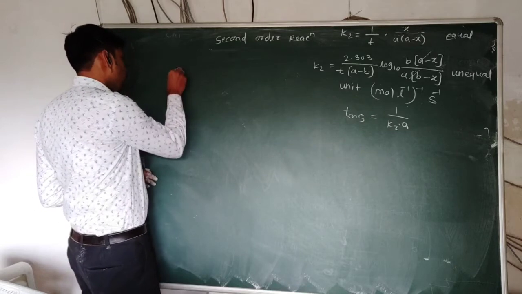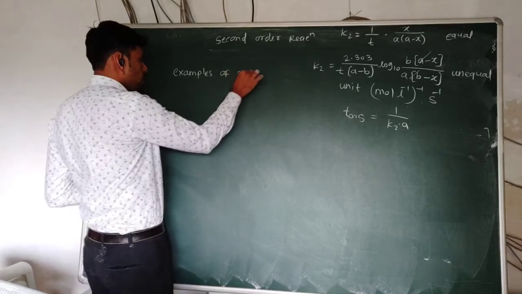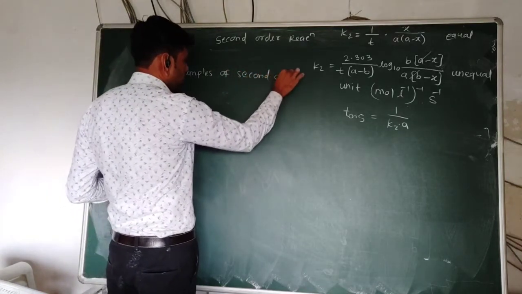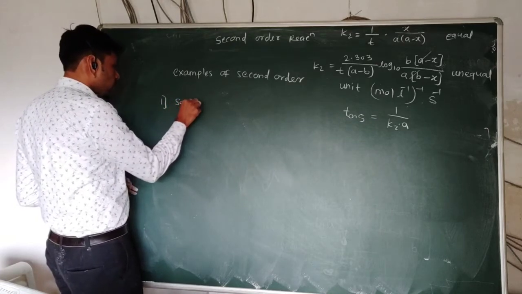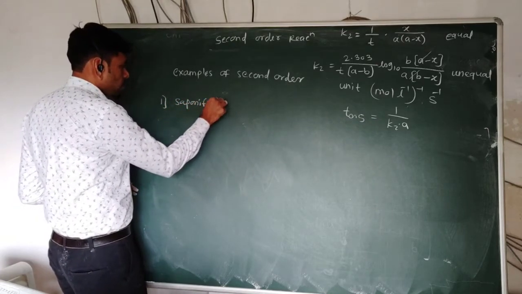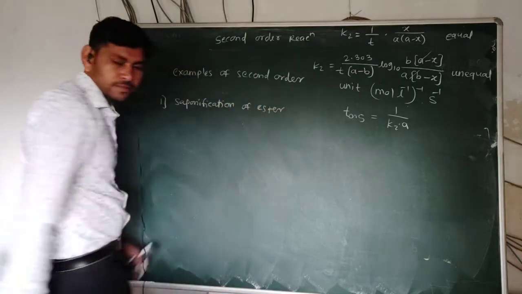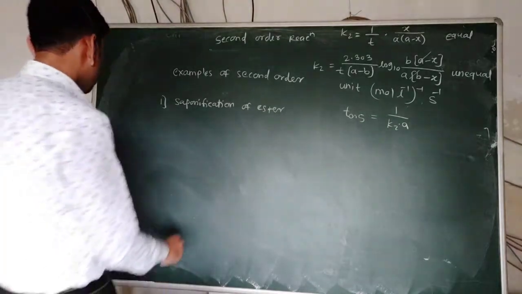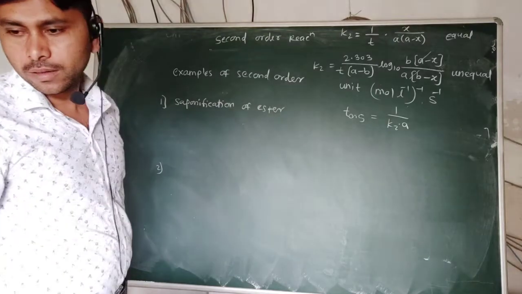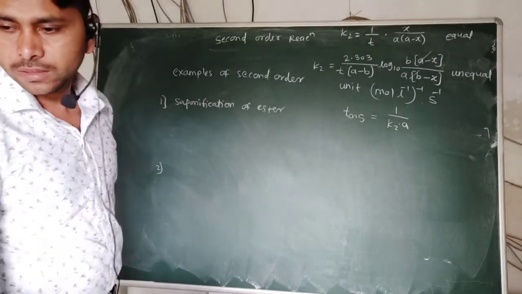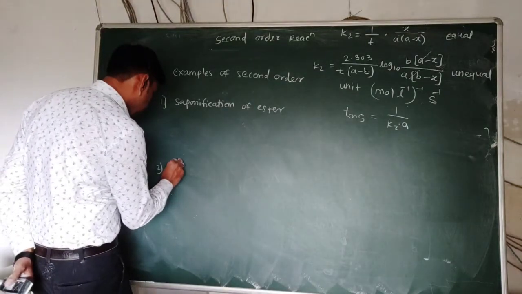Let's see certain examples of second order reaction. In example, see saponification of ester. Saponification of ester is an example of second order reaction. See also the reaction between persulfate and iodide ion.